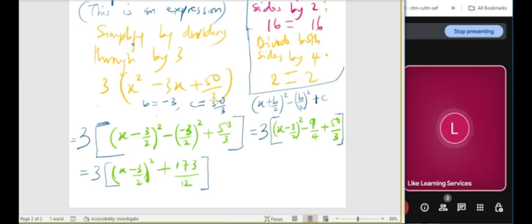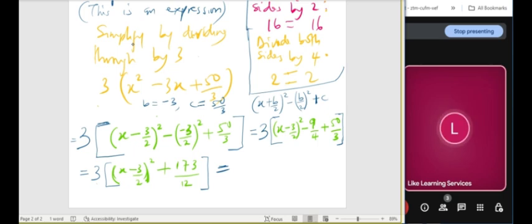You can leave this as an answer, or you can make it neater. We can make it neater, because sometimes they write the answer in a way that if you didn't know, you wouldn't think that this is actually right. At this point, you can remove the bracket. You know, this 3 is multiplying everything inside the bracket.